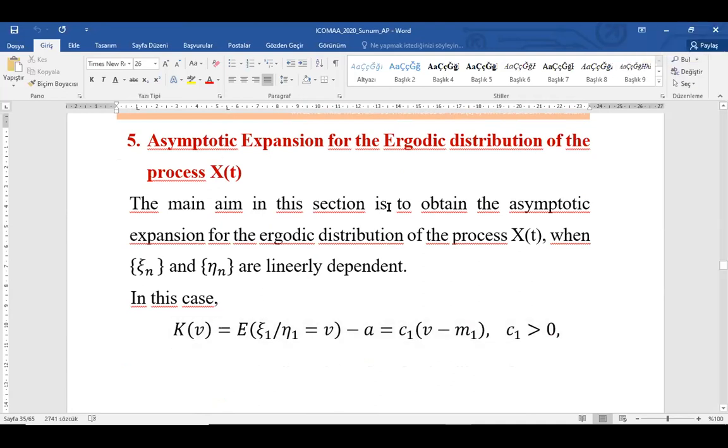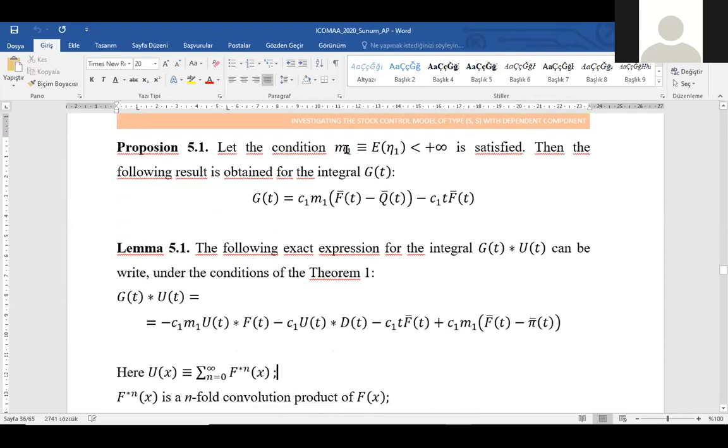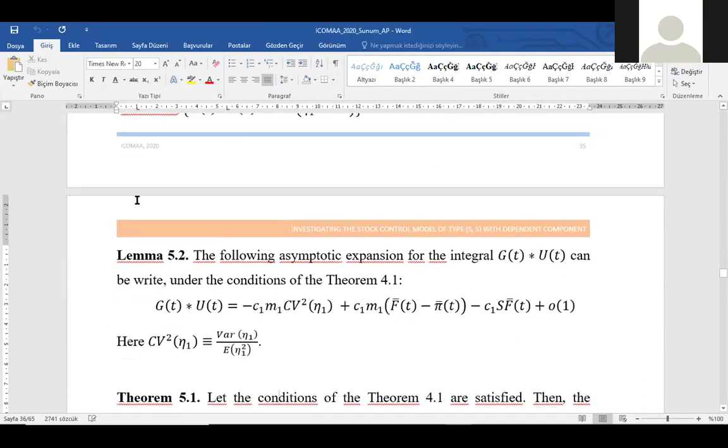Here is another main result: asymptotic expansion for the ergodic distribution. We should give some propositions in order to prove our main result. This is the proposition and the lemmas.